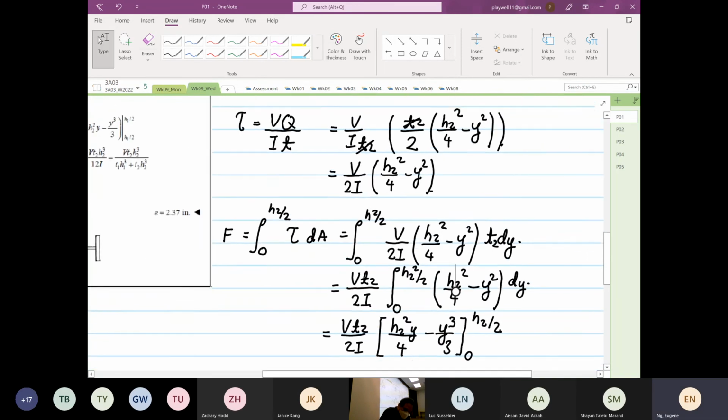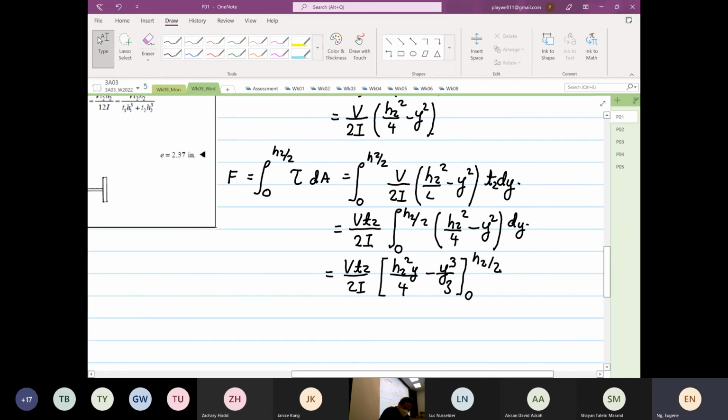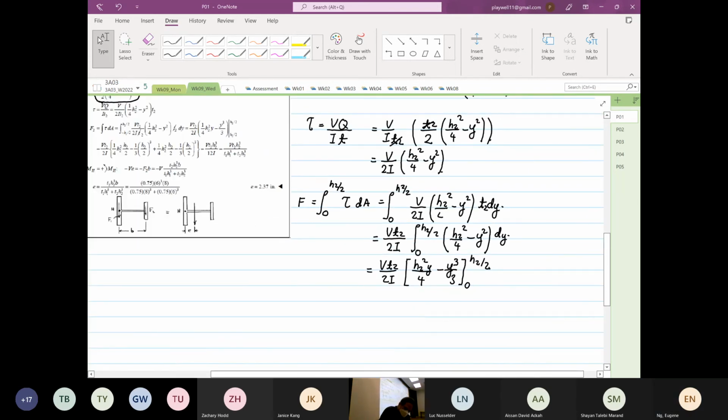I don't know why I put a squared over here. Silly me. So finally, we just substitute V over 2I. So this is equal to h2 cubed over 8, since 2 to the power 3 is 8. 8 times 6 is 24.